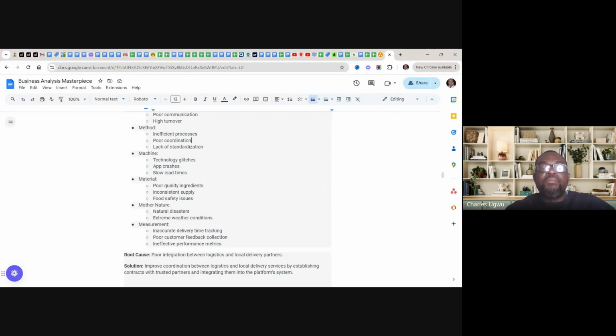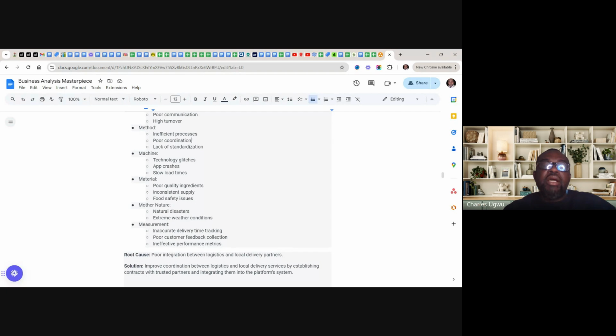So it means it should be between the logistics, inaccurate tracking, or so. And to do that, improve coordination between logistics and the delivery service, to establish contacts with trusted partners and integrate them into the platform.